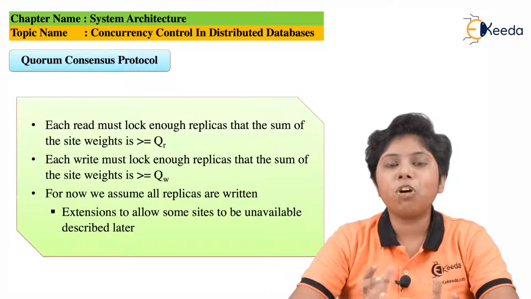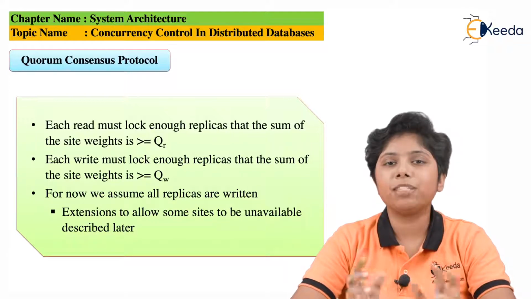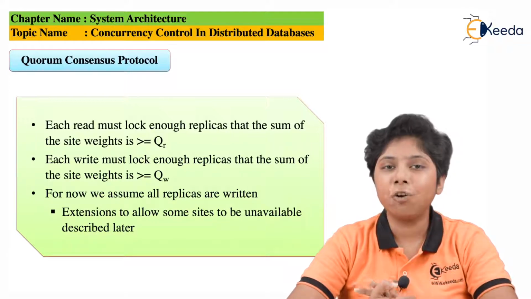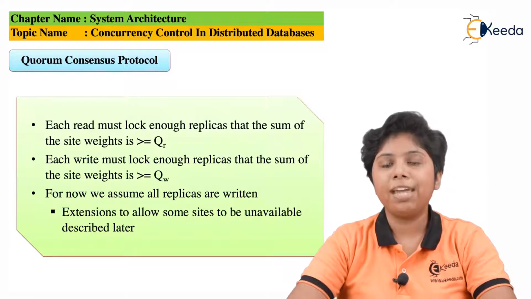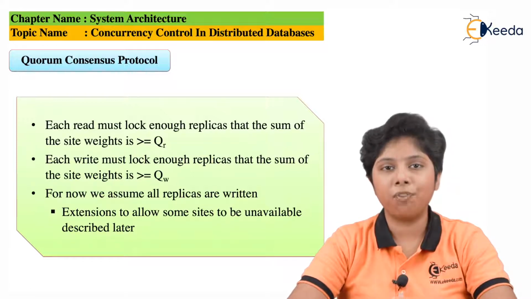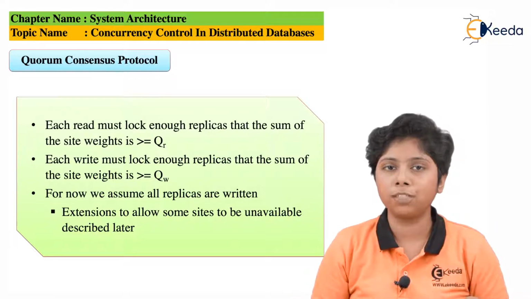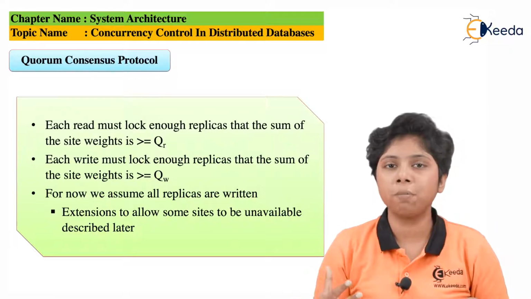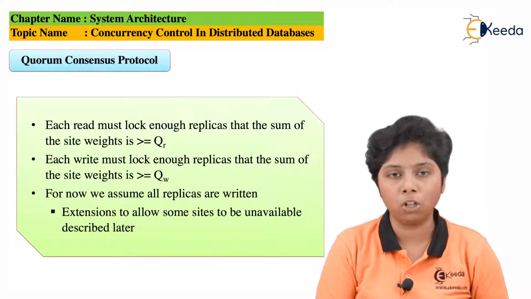Now the benefit of having this type of protocol is we can decide between the read and write operation, and according to this we can choose the read quorum and write quorum. If there are fewer reads, then we can have fewer read locks, and if there are fewer writes, then we can have fewer exclusive mode locks.